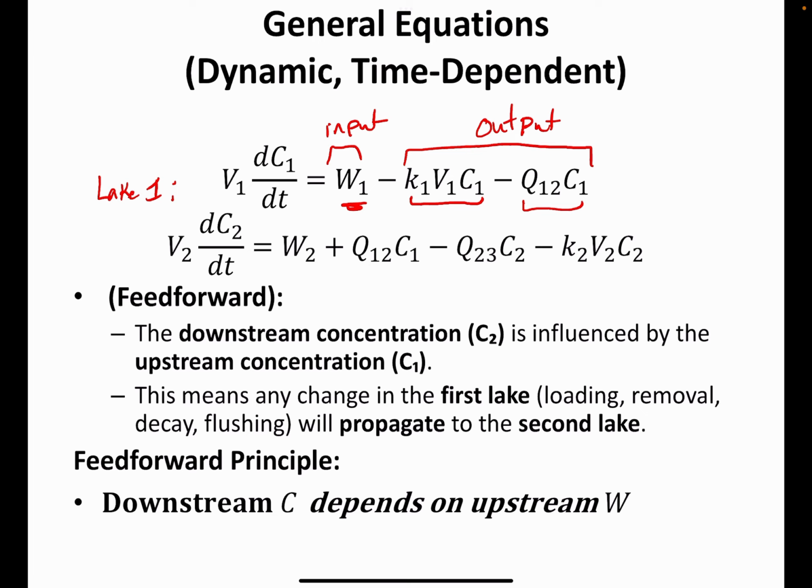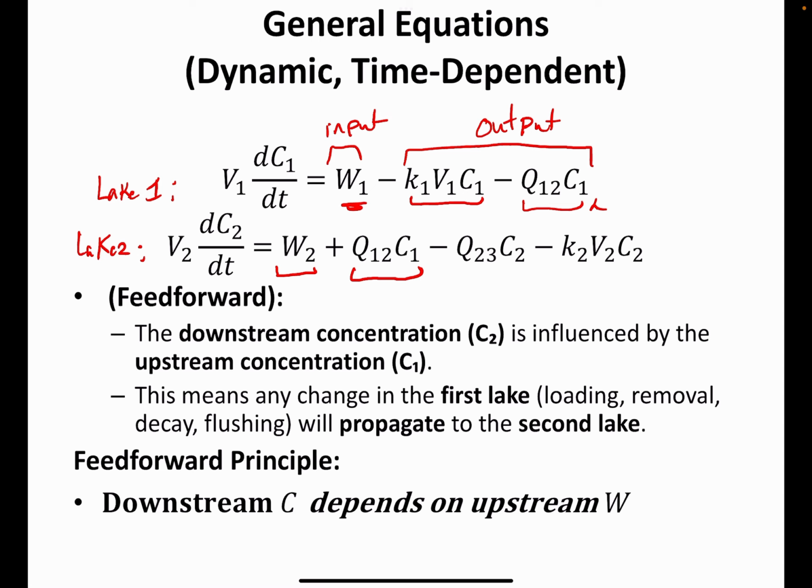Okay. So now we will do it for lake number 2. V2 dC2/dt equals the input of lake 2, W2, plus whatever, remember this, is leaving lake 1 going to lake 2. This is still an input for lake 2.